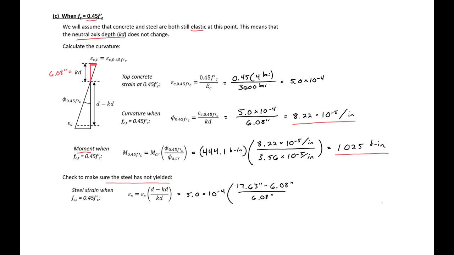And this will give us a strain here of 9.5 times 10 to the negative fourth. So this is less than our yield strain. So we're okay. Our steel hasn't yielded, and we can still assume that we're linear elastic at this point.